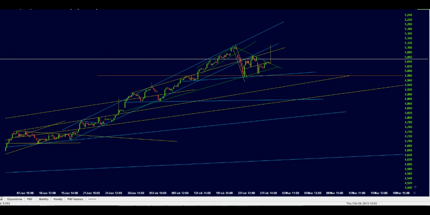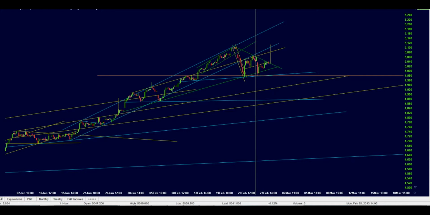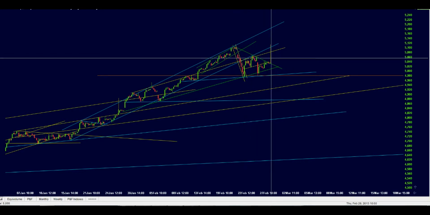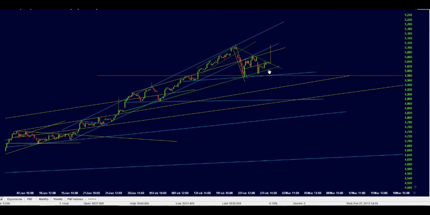Now, guys, when we see a sloping upward market, even though we have got overextended here temporarily, it usually forms a bear flag pattern when you see a clear break of its bottom line. So this bottom green line, if it breaks, and when it breaks, we should see some pretty heavy selling pressure.